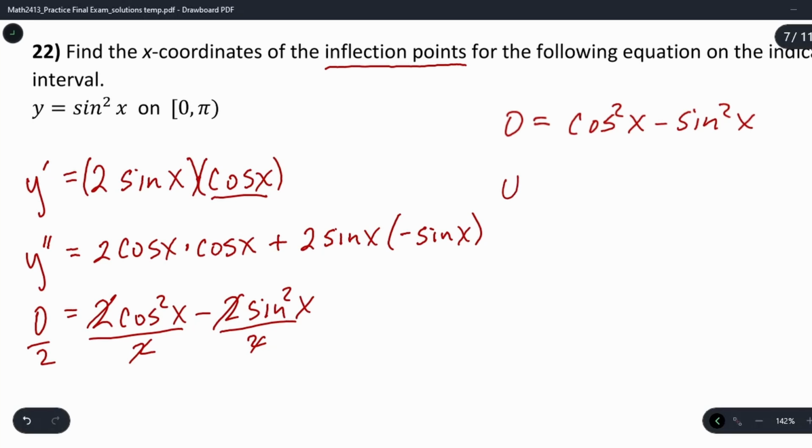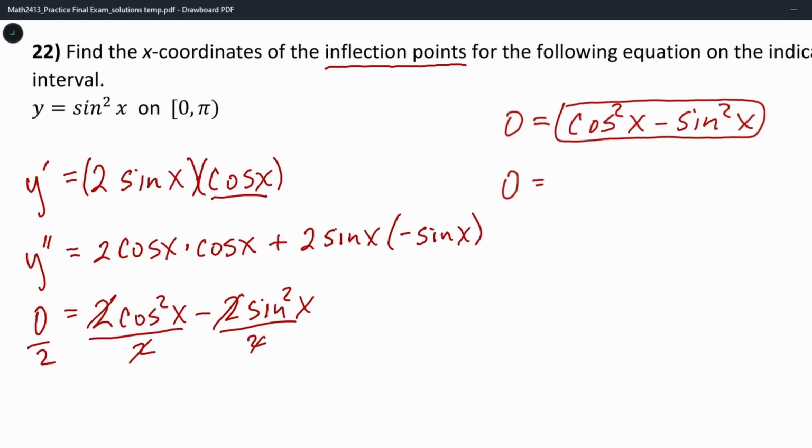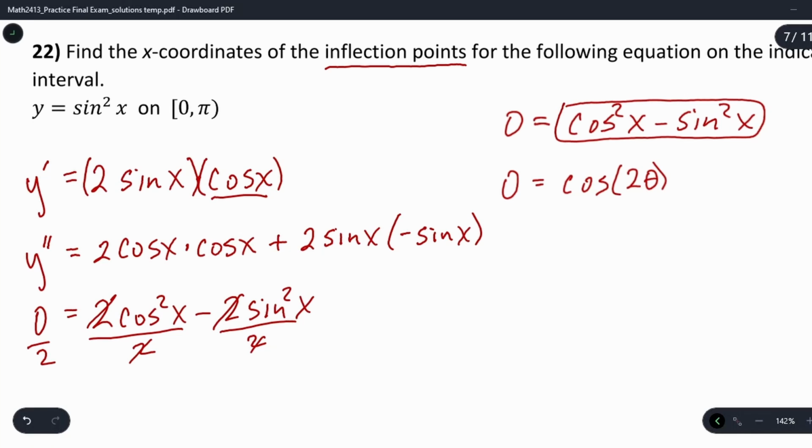And then in the next step, if you recognize what we have here, this is one of our trig identities. This is the formula for cosine of 2 theta. So I'm going to do a substitution, replacing with cosine of 2 theta. And then what we can do is we can say, well, can we just figure out what angles in the unit circle have an x-coordinate of 0? And that'll be what our 2 theta should equal.